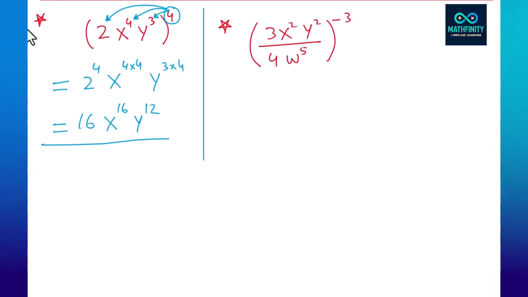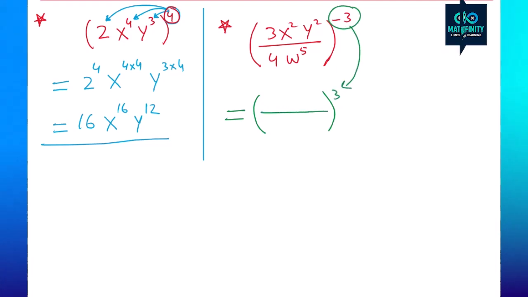So before distributing the power, like here we distribute it directly, but if the index is negative, you should not distribute directly. First step, you have to convert the index from negative to positive. And I already discussed with you, if you want to convert from negative index to positive, you have to take the reciprocal inside the bracket.